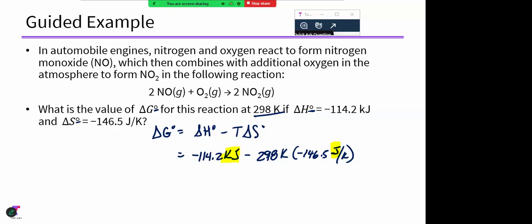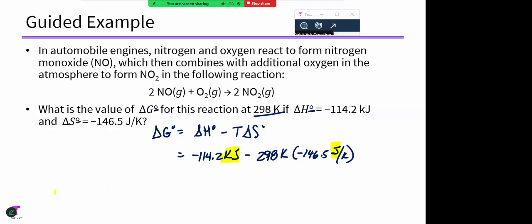If I plug this in, I end up subtracting joules from kilojoules. So before we go further, we need to fix the unit mismatch so that when I do the subtraction, I'm subtracting the same unit from each other.